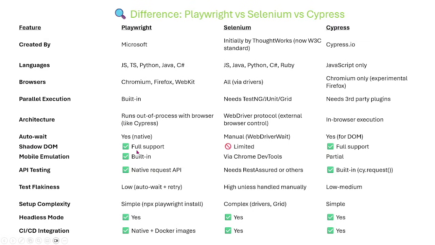Standard DOM support, limited support. Mobile emulation is built-in. Chrome DevTools, partial. API testing: native request API; Selenium needs REST Assured or others; Cypress built-in.